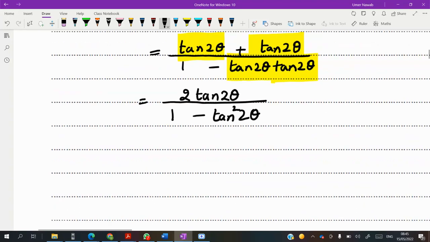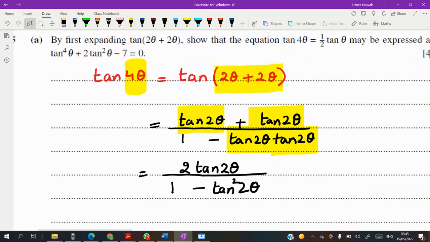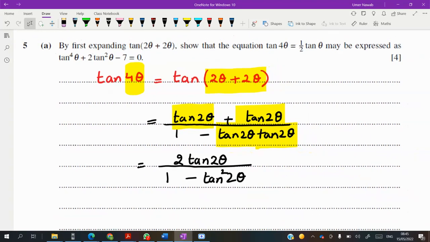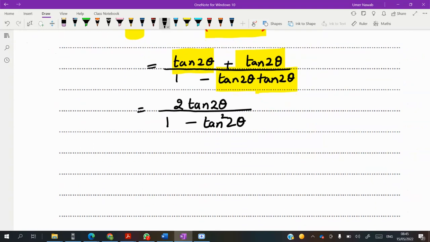Are we done? The thing is, he has given a clue that we moved from 4 theta to 2 theta. Now, again, we need to use the double to half angle identities of tan to convert 2 theta further into theta form.